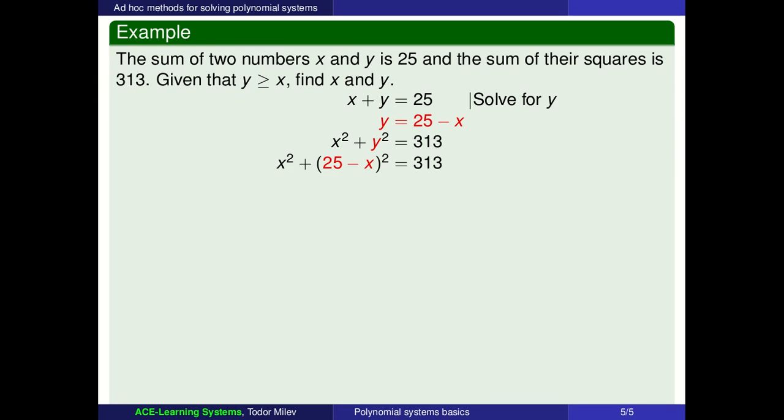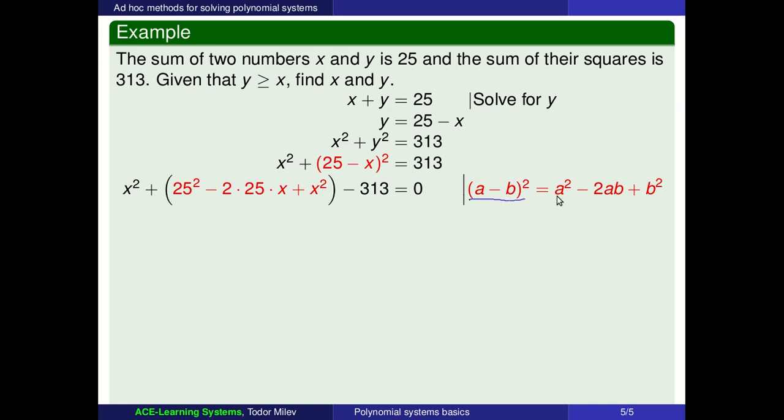Just as in the preceding example, this is a quadratic equation with respect to the variable x, and I know how to solve a quadratic equation in one variable. So, let us simplify first the equation. Just a reminder, we have a formula: a minus b squared equals a squared minus 2ab plus b squared.